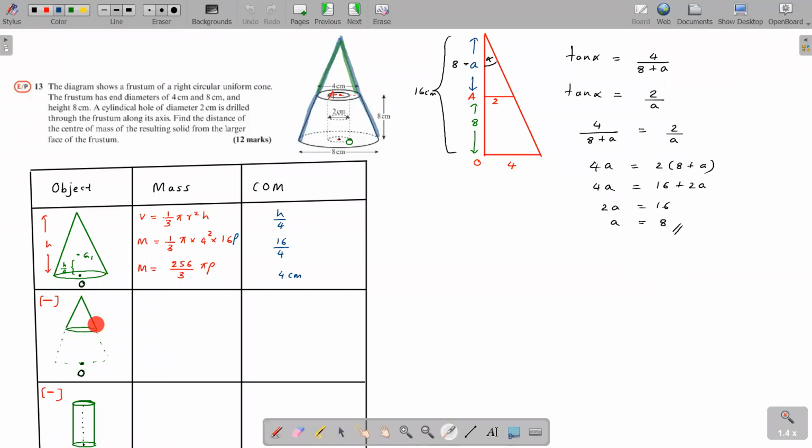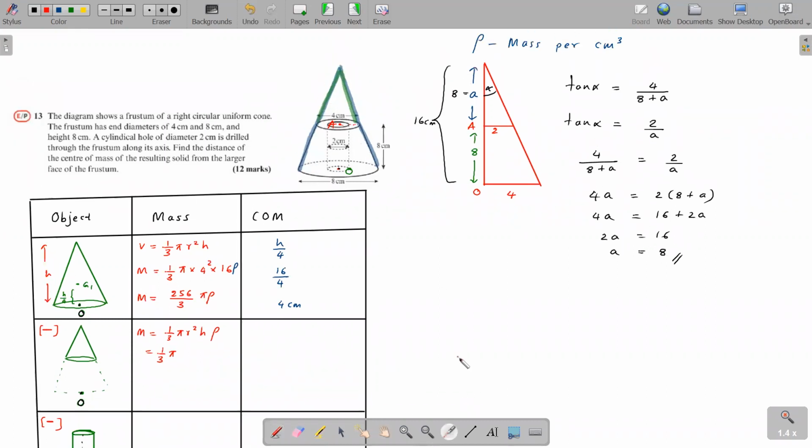Okay, guys, so we'll move on to the center of mass of the smaller cone, the one with the green color. Volume is 1 over 3 pi r squared h, which means mass is 1 over 3 pi r squared h into rho, the mass per unit volume or the density. Let's input the values: 1 over 3 pi.